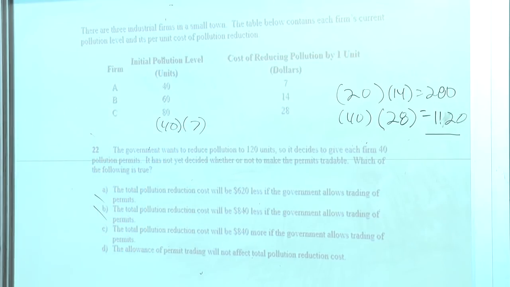Okay, so it's going to be 40 times 7, right? They're going to reduce all 40. Firm A is going to eliminate all of their pollution.